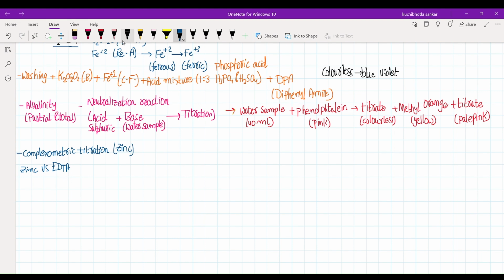First step is the standardization of EDTA by known zinc.